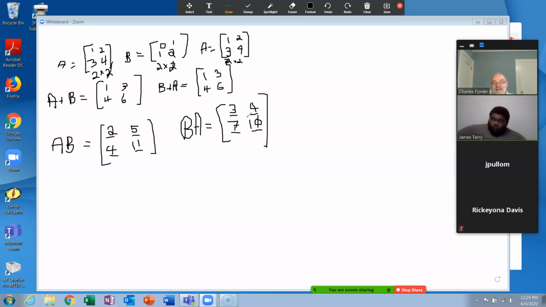Now, we did these with two little square matrices, 2 by 2 by 2 by 2, and they came out 2 by 2s both in adding and multiplying. But if we did rectangular matrices rather than square matrices, give me a rectangular matrix, just the size of it. Don't give me numbers, just the size. 2 by 3.